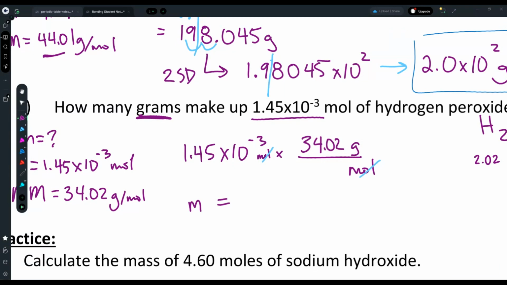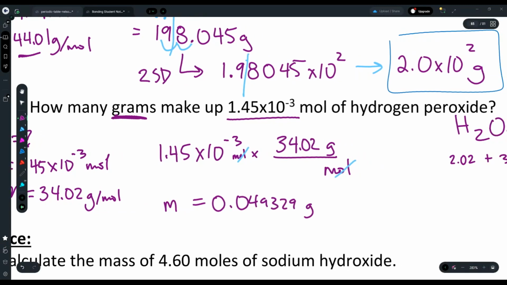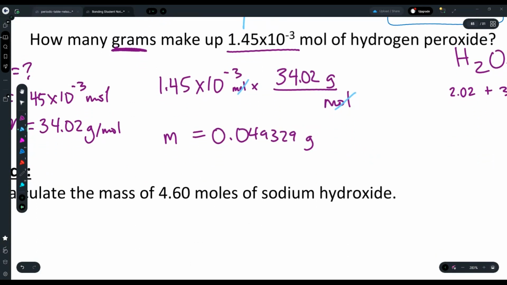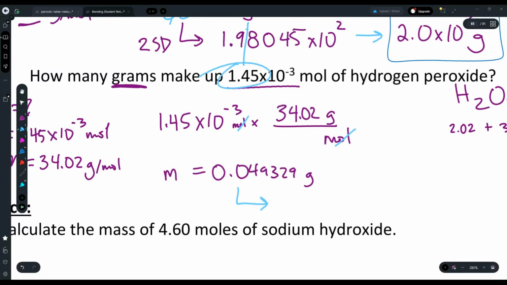And when I multiply those two numbers together, I get 0.049329 grams. Okay, so then got to look at my number, and for the sig digs given, you count the digits that are in front of the times 10 to the power of whatever exponent. Okay, those are where your sig digs are coming from.